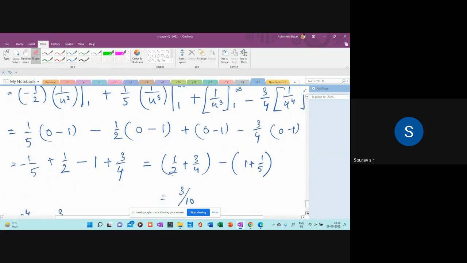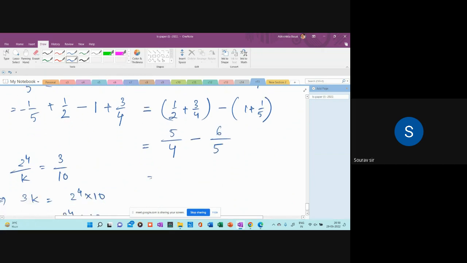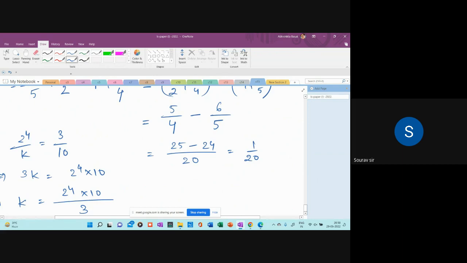Plus minus, if I am not getting confused in the sign, then it is correct. So that is going to give me 5 by 4 minus 6 by 5. That is 1 by 20. So basically it is giving me 1 by 20.